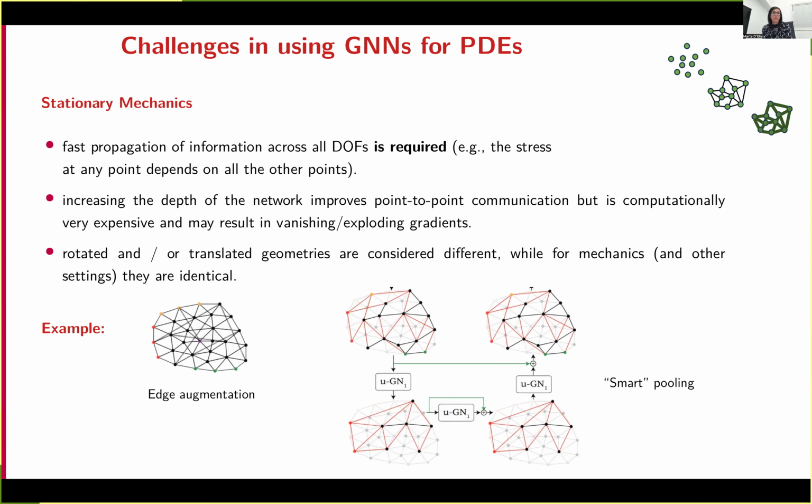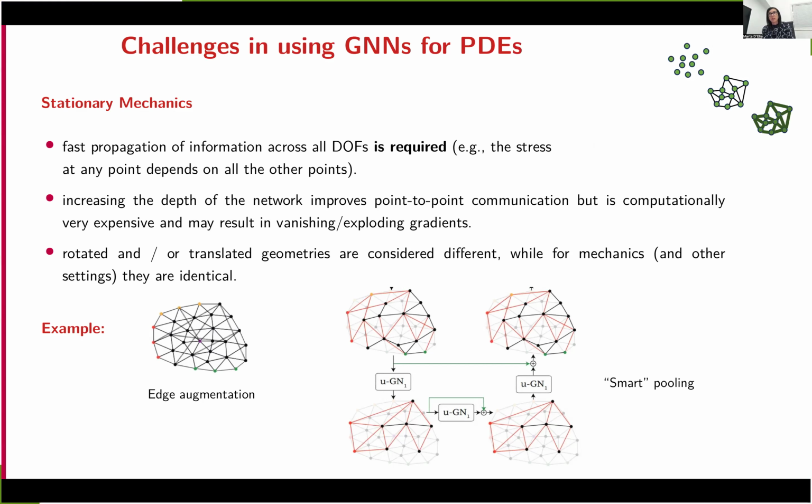If we think of stationary mechanics, we have intrinsically in the problem a fast propagation of information across the whole computational domain, because, for example, stress at a point depends on all the other points.